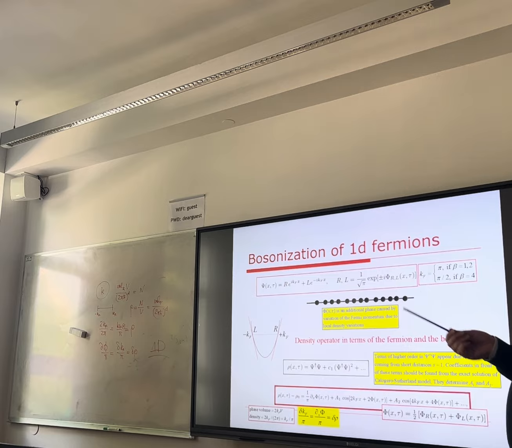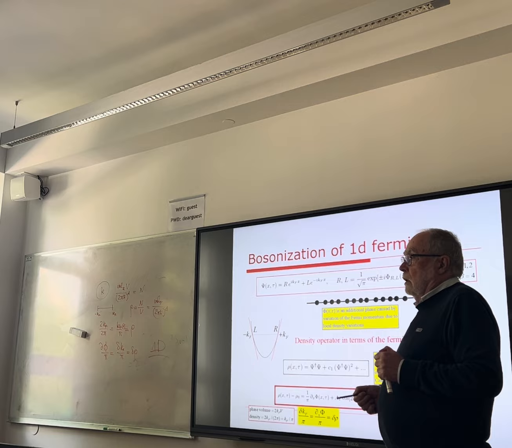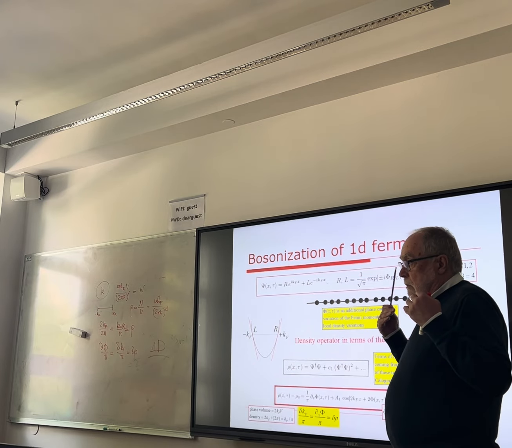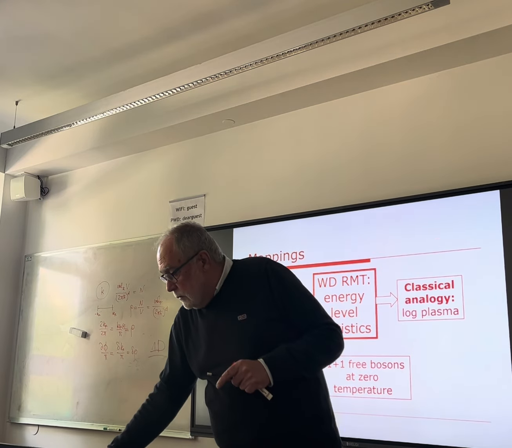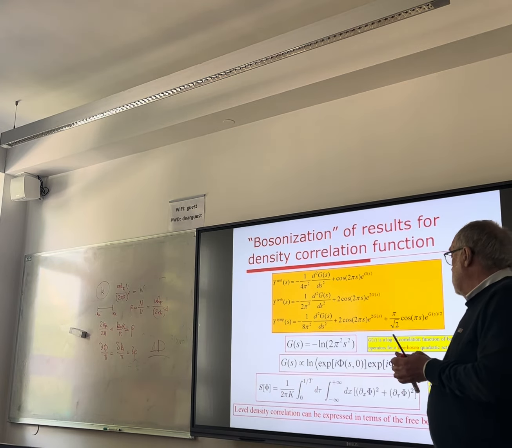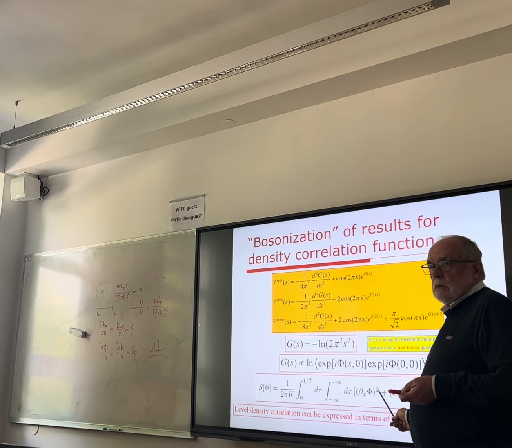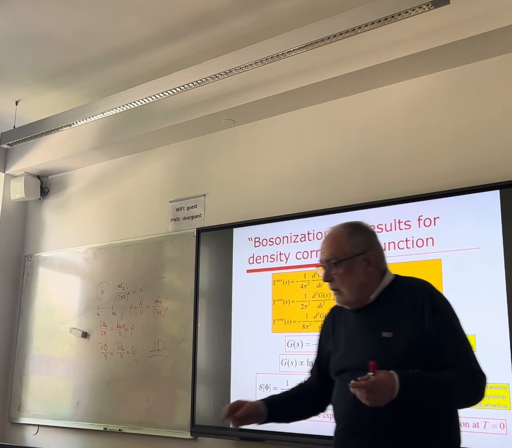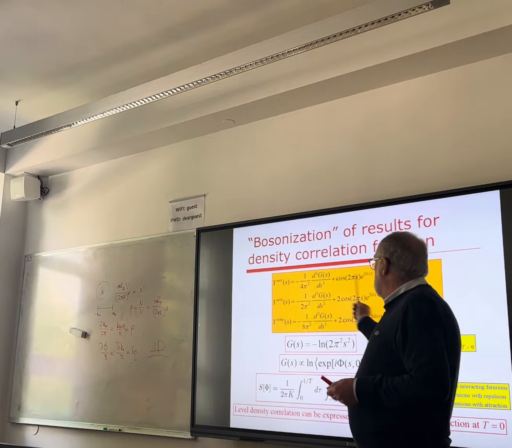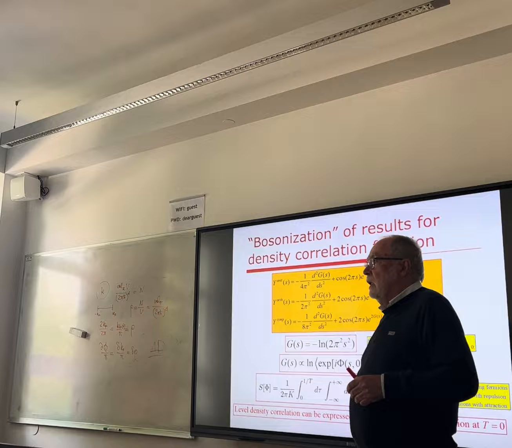The only thing that I did not show is that after bosonization I have free bosons, but I sort of checked it because I went from the opposite side. I postulated that they are free bosons. Okay? And then I computed all the correlation functions. And then I see that these correlation functions coincide with what was obtained by the orthogonal polynomial method.